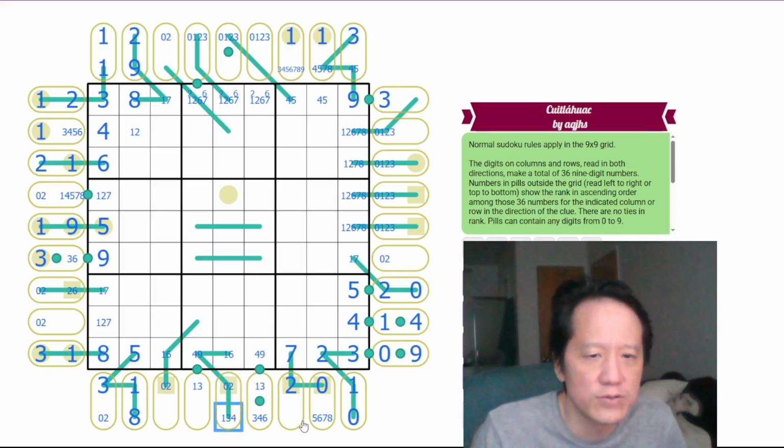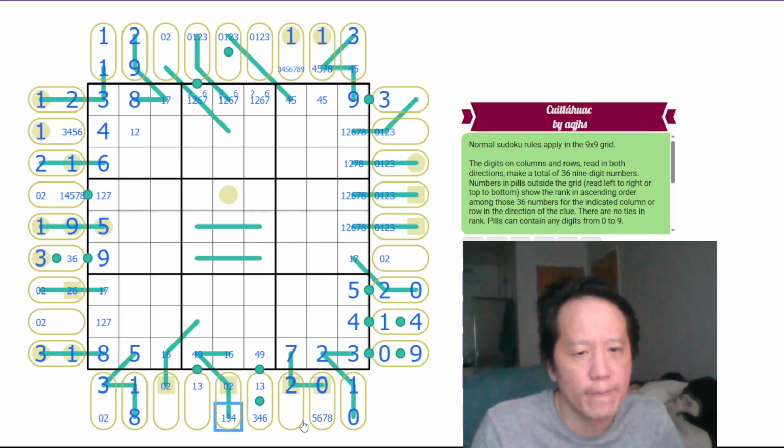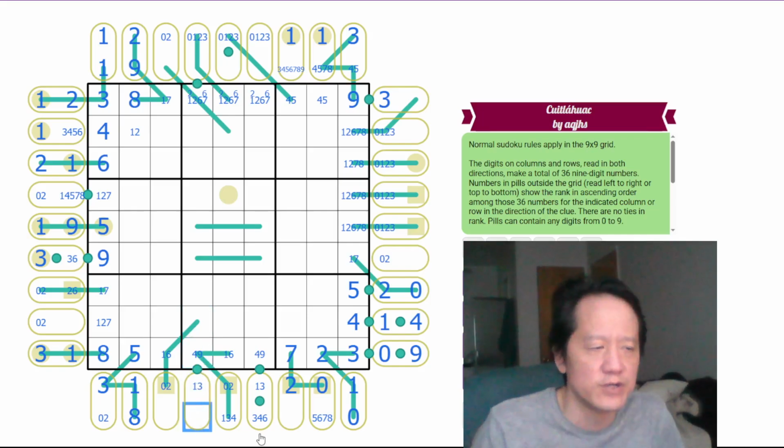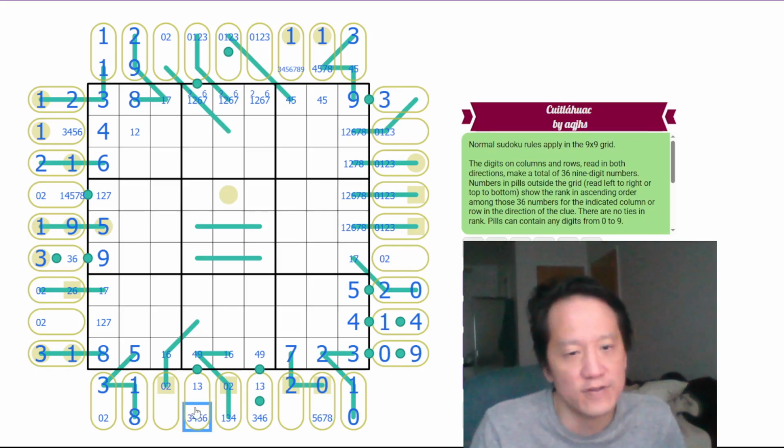It has to be 23 in that case, right? 14 is 13 through 16. 4 something is 13 through 16. 9 something is 33 through 36. So this is 3, 4, 5, 6 no matter what.